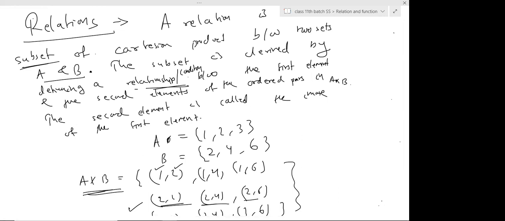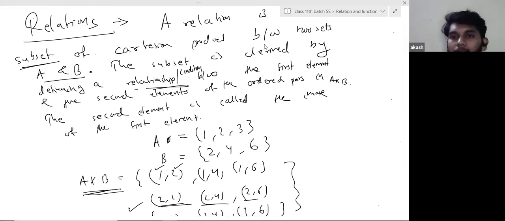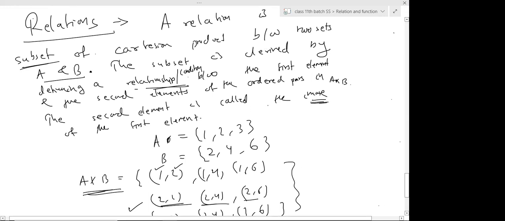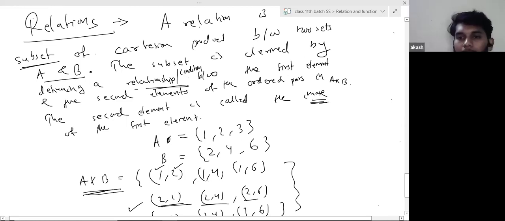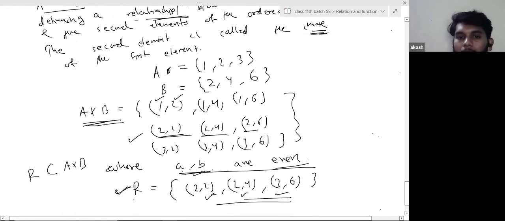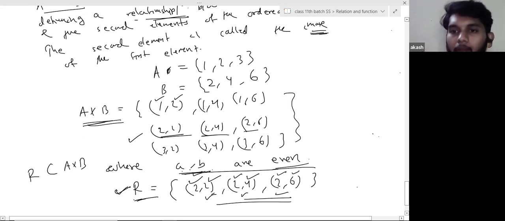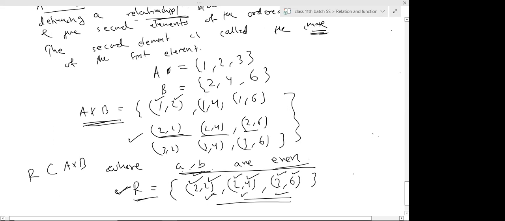Image. The second element is called the image. In the relationship here, 2 is related to 2, 4 and 6, so 2 is the image of 2, 4 is the image of 2, 6 is the image of 2. The second elements are called the image of the first element.